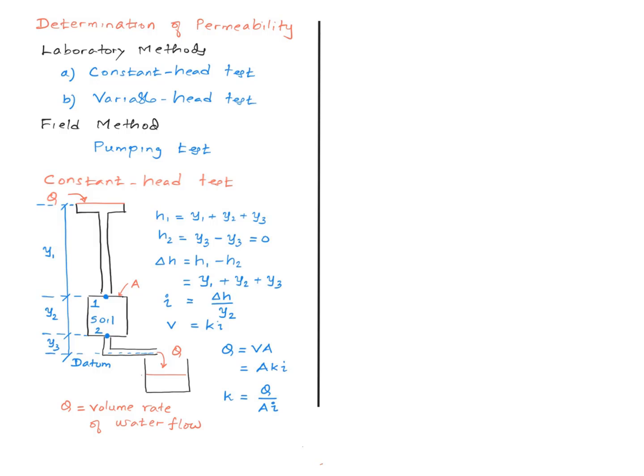So basically what you need to do is to measure experimentally the volume rate of water flow. So you take a little container and collect the water over a period of time, and then divide the volume of water that you collected by the time that it took for you to collect that much water. So you get the volume rate. That's all you need to do.